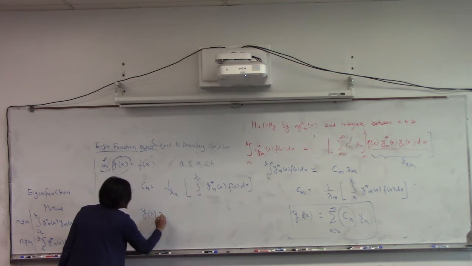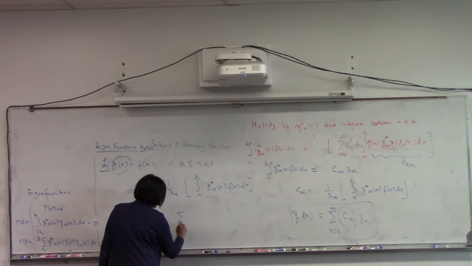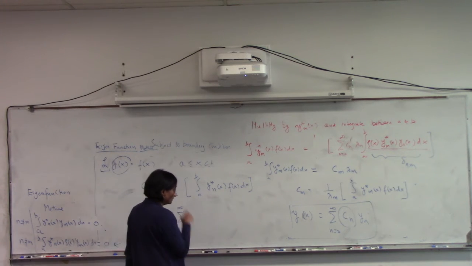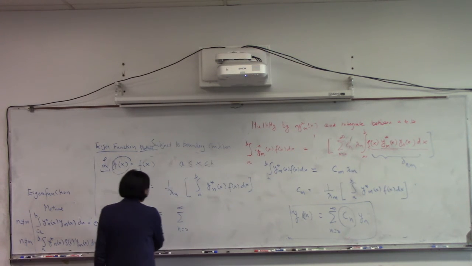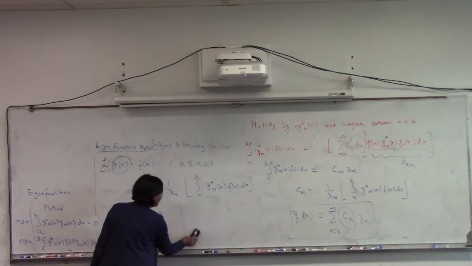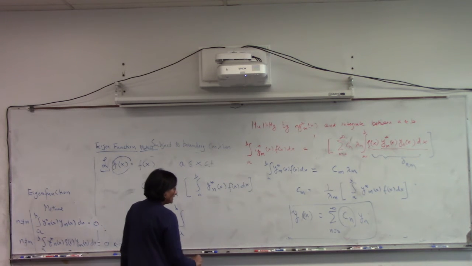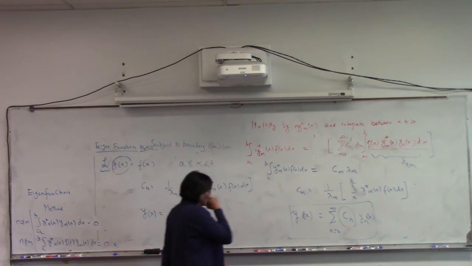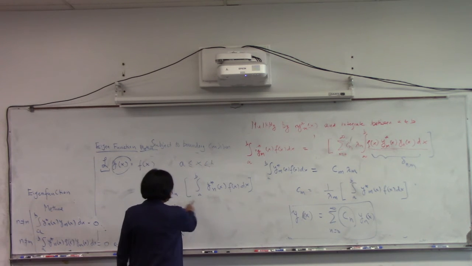So my solution is nothing but n going from 0 to infinity of the following stuff. Okay, we get summation and integration. Let's put x also here. And my Cn is that.